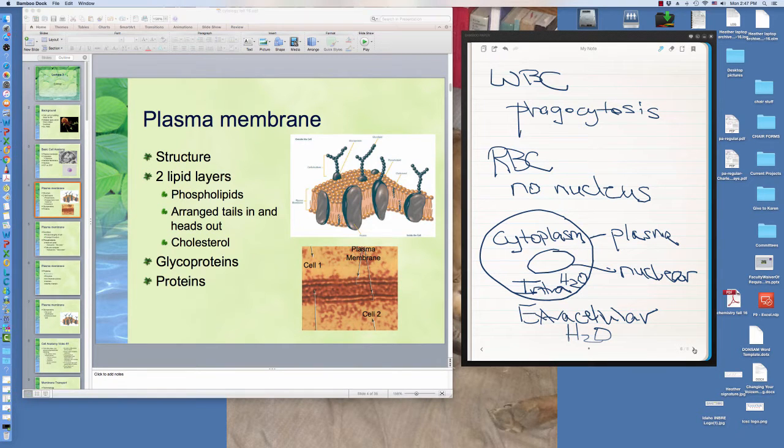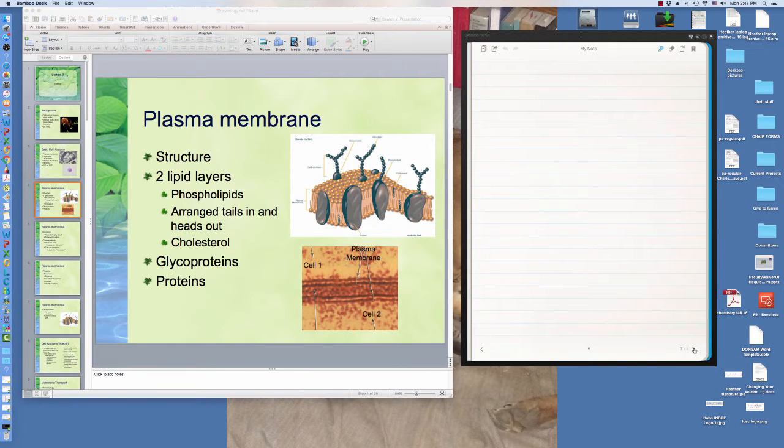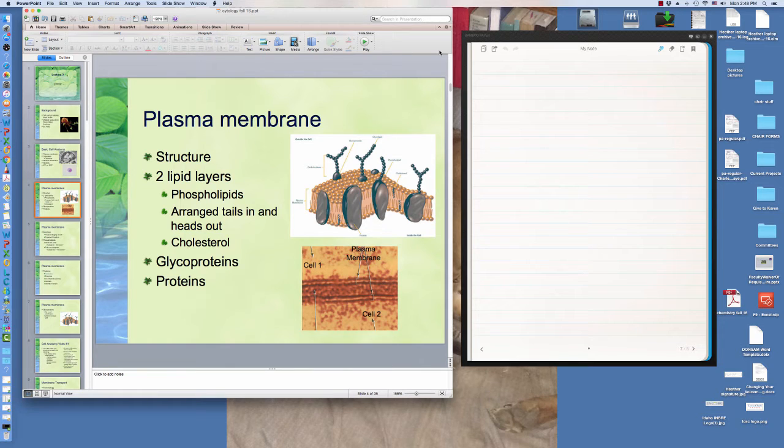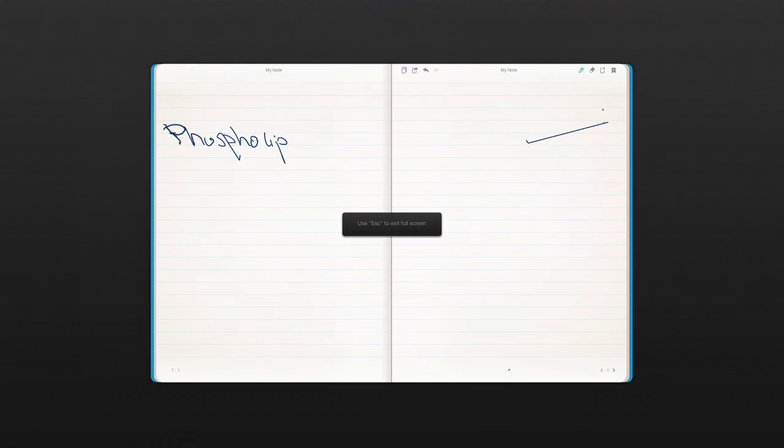The fact that cells are both surrounded with water and filled with water is really important for the structure of the plasma membrane. So before we get into the details of that, there are 4 components of the plasma membrane that you need to be aware of and are responsible for knowing. So there's what is referred to as a phospholipid, we'll spend the most time here in the next few minutes talking about the phospholipid.